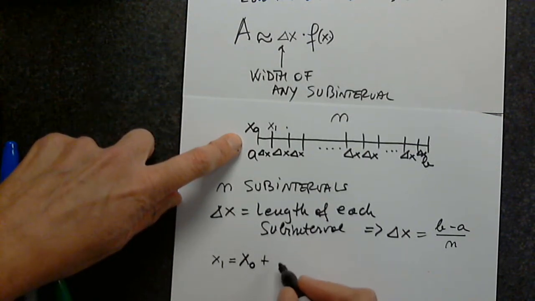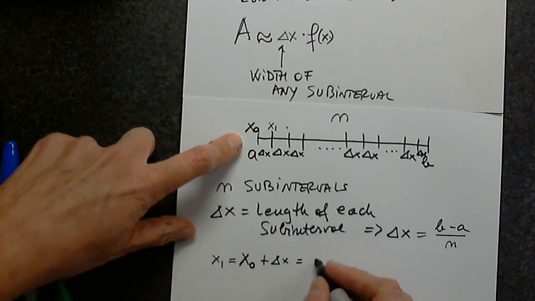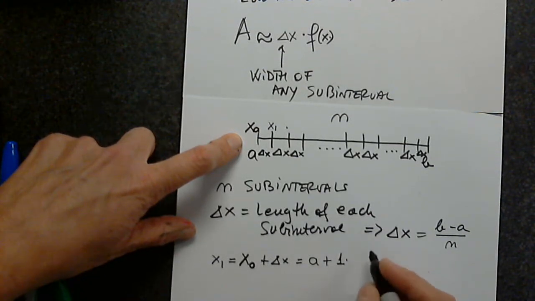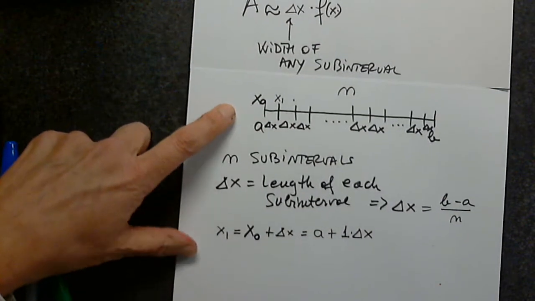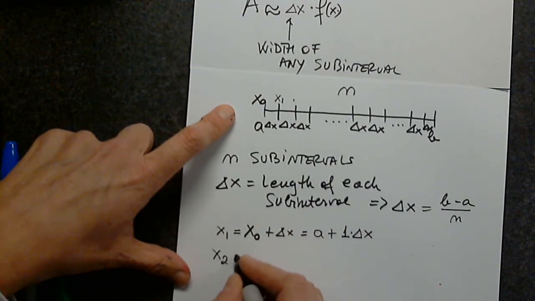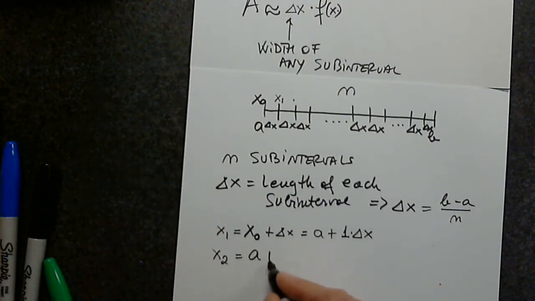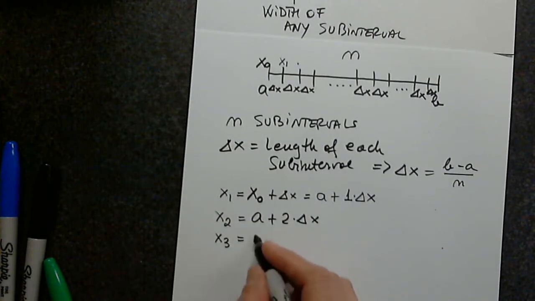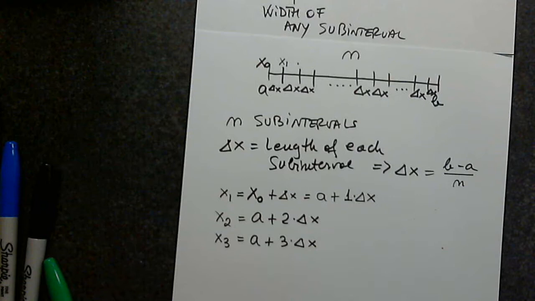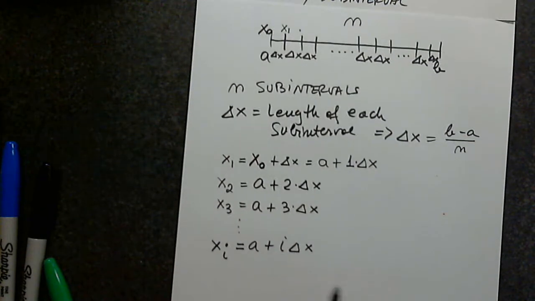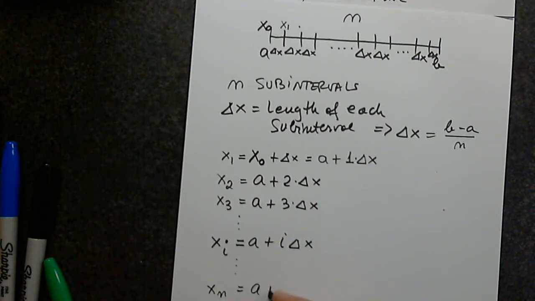A plus delta x. Can anyone give us x2? A plus 2 delta x. Awesome. And x3? A plus 3 delta x. Perfect. Can anyone give us xi? A plus i delta x. Awesome. And so on and so forth. And what will xn be? A plus n delta x. Perfect.